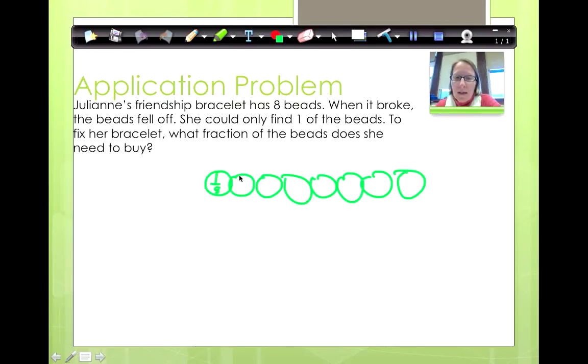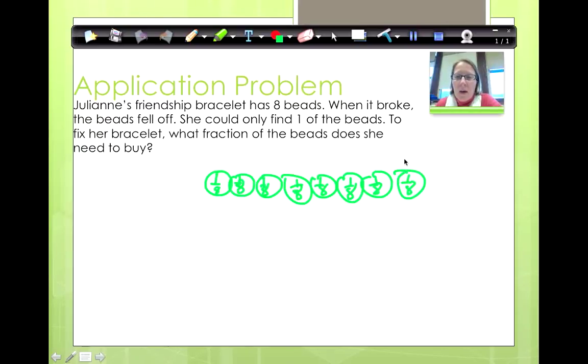So this would be 1/8. This would be 1/8. All the way till we have 8 eighths, because 8 eighths would be the whole bracelet. 1/8, 2/8, 3/8, 4/8, 5/8, 6/8, 7/8, 8/8 makes 8 eighths or one whole.